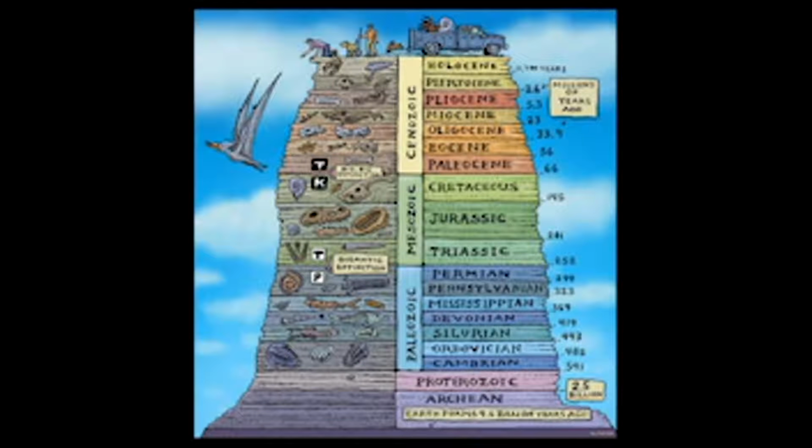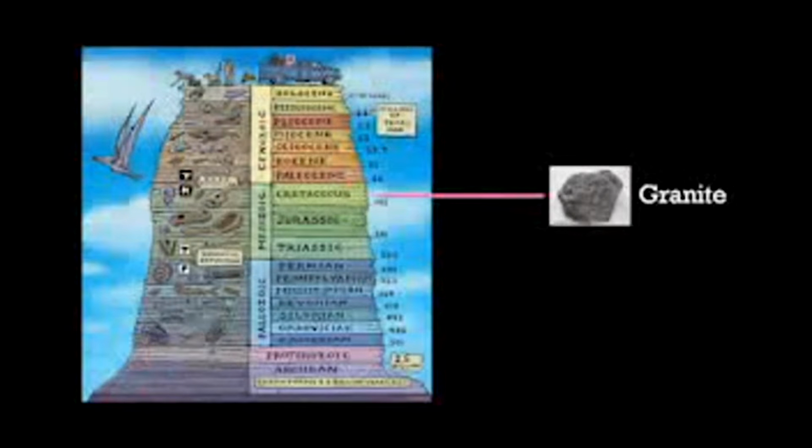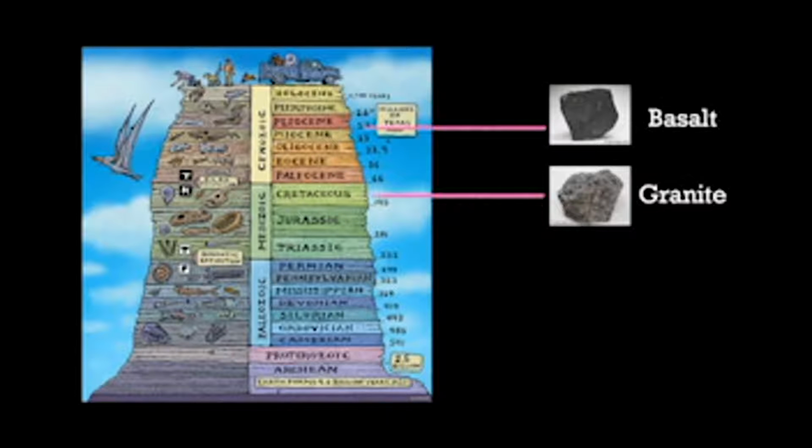The primary ages of the rocks formed in the Owyhee Volcanics are as follows. Granite, which is part of the Cretaceous area, just a smaller portion of the Mesozoic area, and about 145 million years old. After that, we have basalt, which is part of the Pliocene and Miocene eras, which is part of the Cenozoic era, which is around 2.6 to 5.3 million years ago.